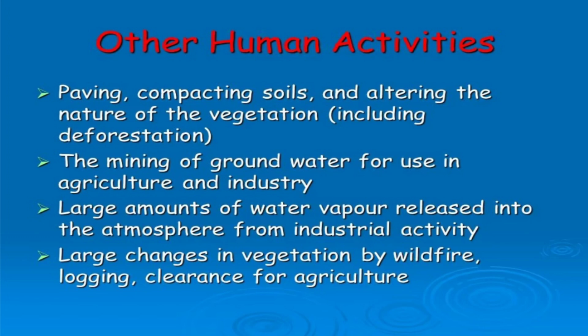Large amounts of water vapor released into the atmosphere from industrial activity. Large changes in vegetation by wildfire, logging, and clearance for agriculture. So as we are studying this, we have seen the various appliances which are being used and the problems which are being created.